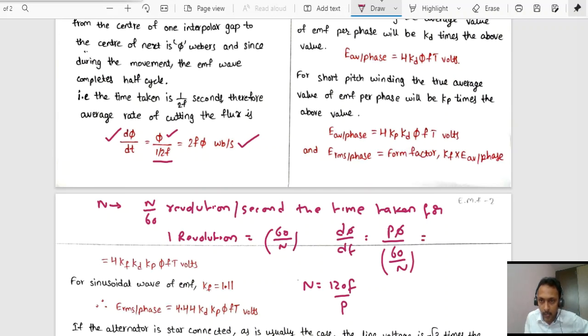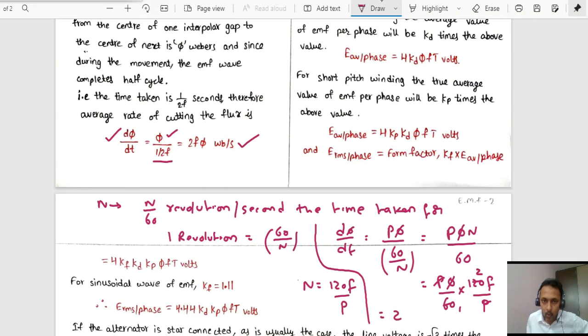This equals P phi N by 60. But what about N? N is 120 f by P. So this is also the same as P phi by 60 into, in the place of N, 120 f by P. P cancels, 6 ones are 6, 2 sixes are 12, so this is simply equal to 2f phi.